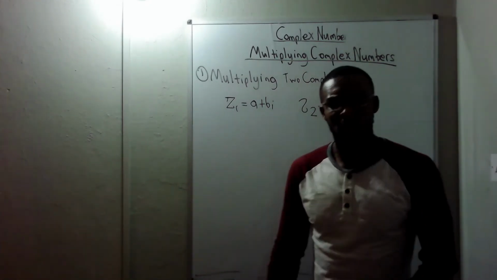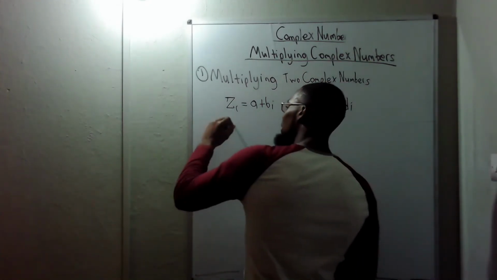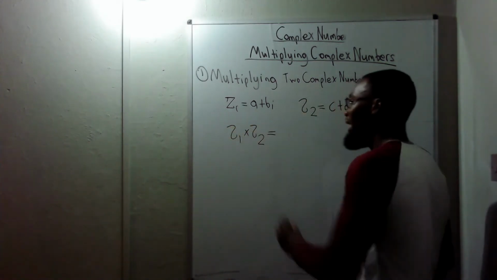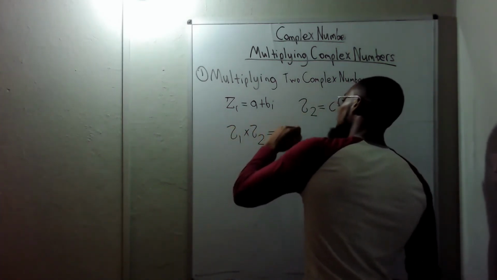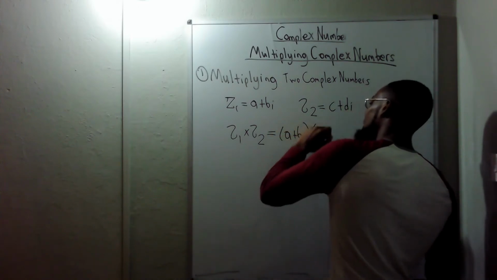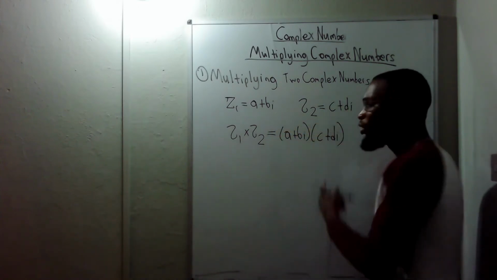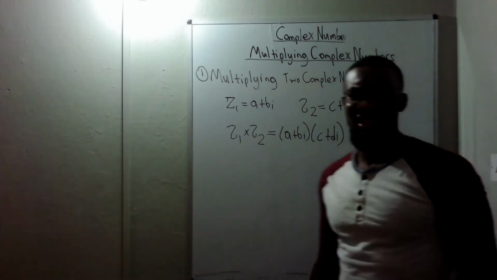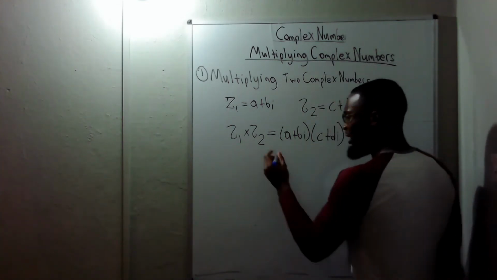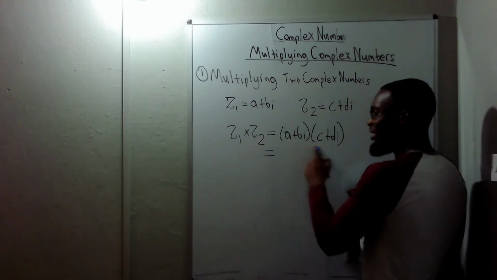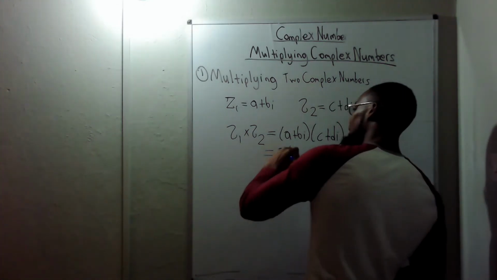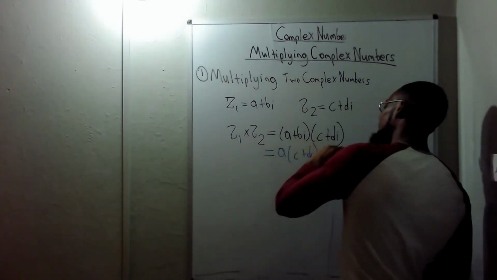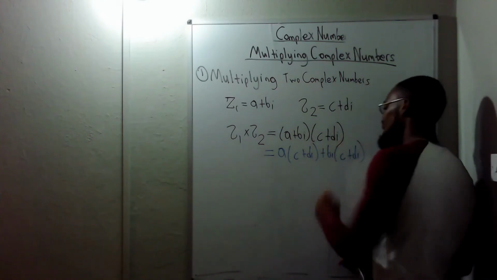To multiply two complex numbers, if we want to find z1 times z2, we're just going to have to multiply them, a plus bi times c plus di. What we would do is we multiply a times all of this, so a times what's in this bracket, c plus di, and then plus bi times what's in this bracket, c plus di.